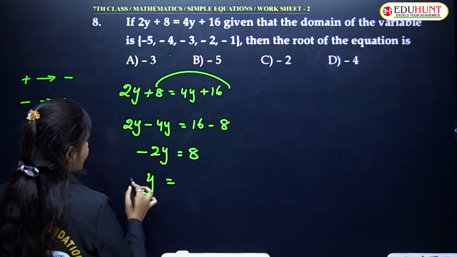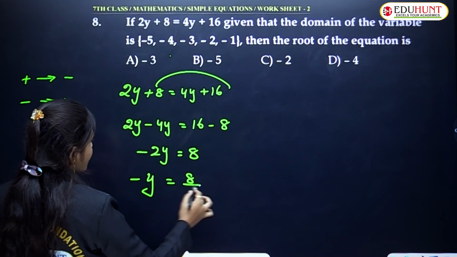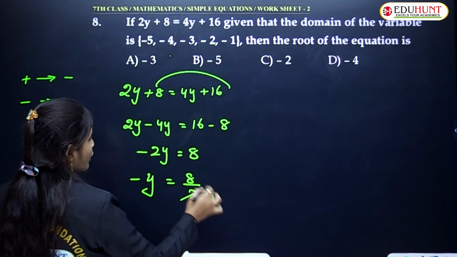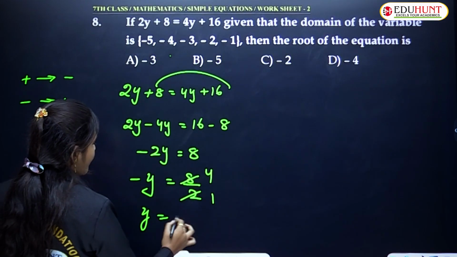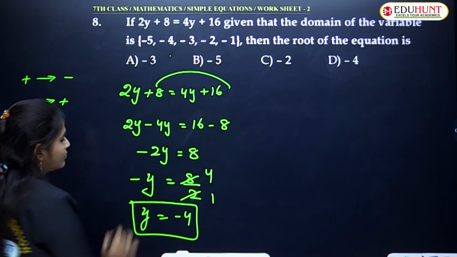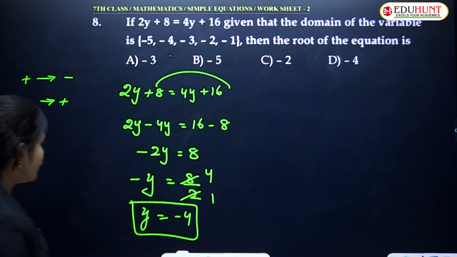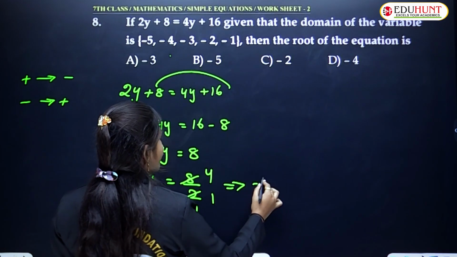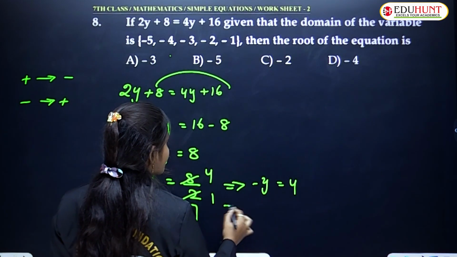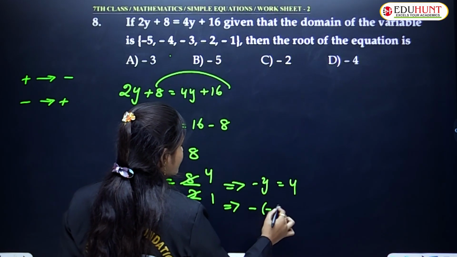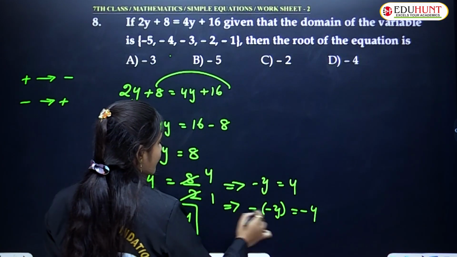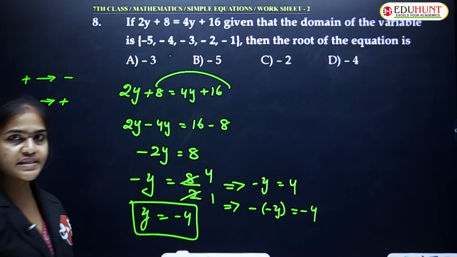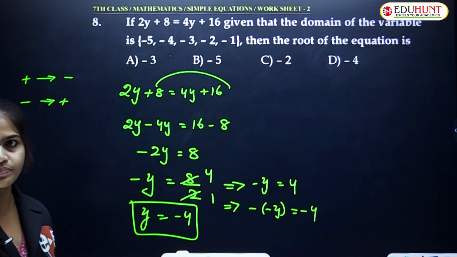Then here minus y is equal to 8 by 2. 2 ones are 2, 2 fours are 8. Then here y is equal to minus 4. Understand ma? How you got this means just see that minus y is equal to 4. Just multiply both sides with the minus sign. So minus into minus is plus, y is equal to minus 4.